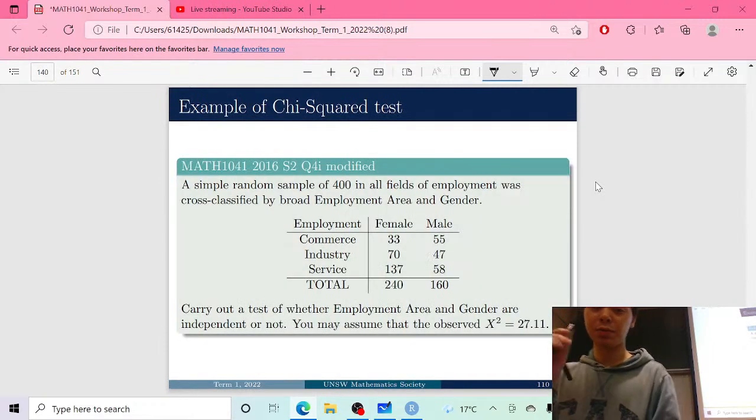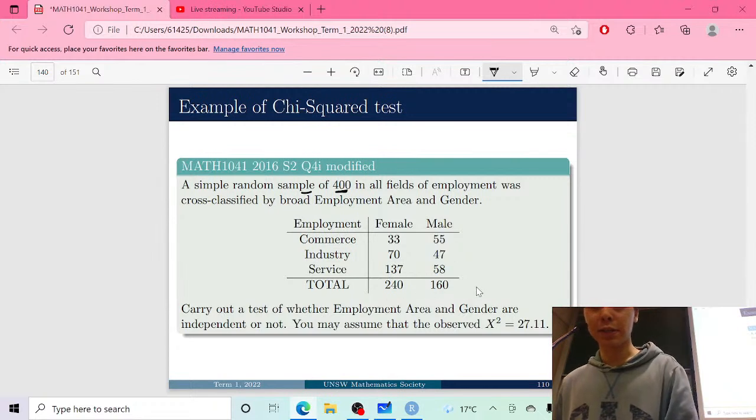So we have an example of a chi-square test here. Let's consider a simple random sample of 400 in all fields of employment. We have this table here, and we want to carry out a test of whether employment area and gender are independent or not.